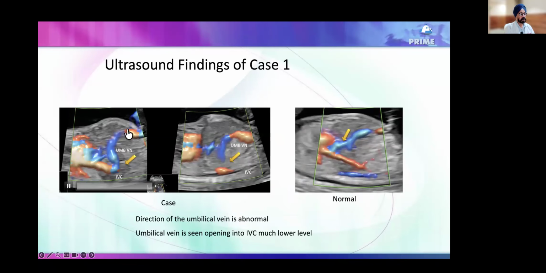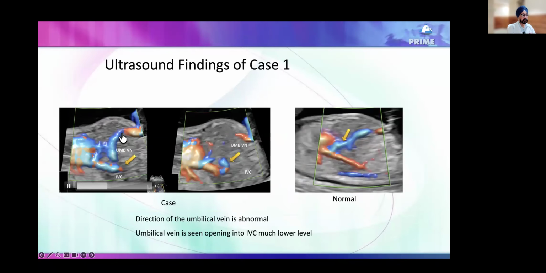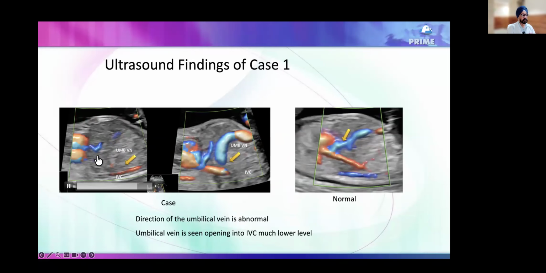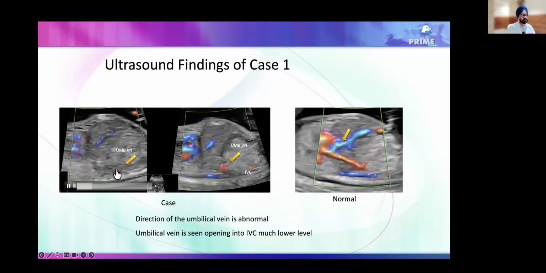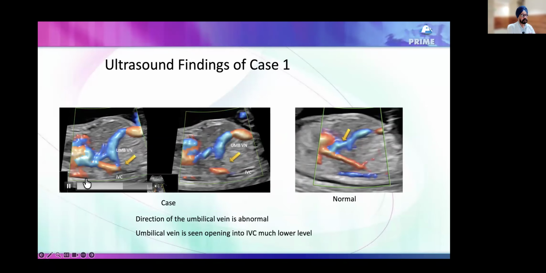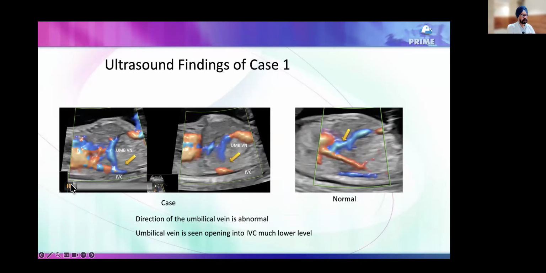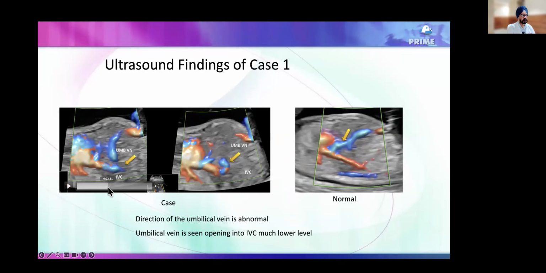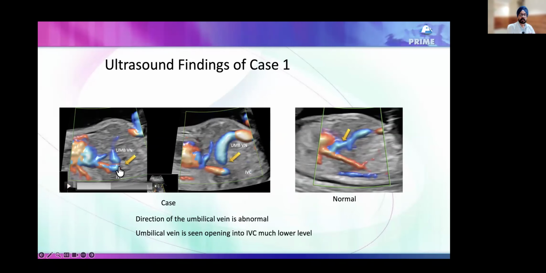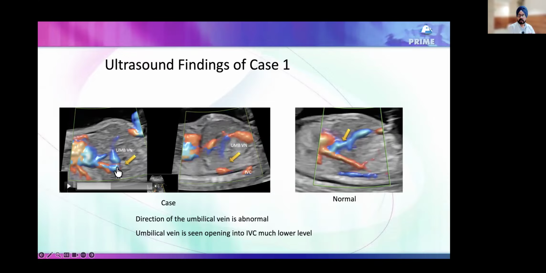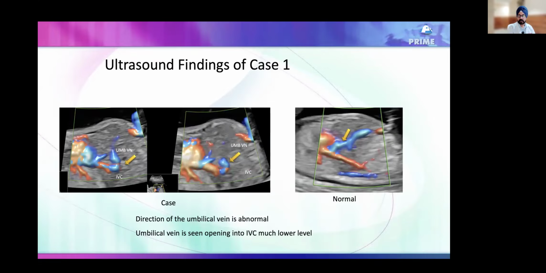You see this umbilical vein. It's not opening here in the inferior vena cava. It's opening here in the inferior vena cava, right? And opening here in the vena cava, right? So this is DVSS. In case it is associated with it, you get a ductus also, that is a different kind of DVSS.